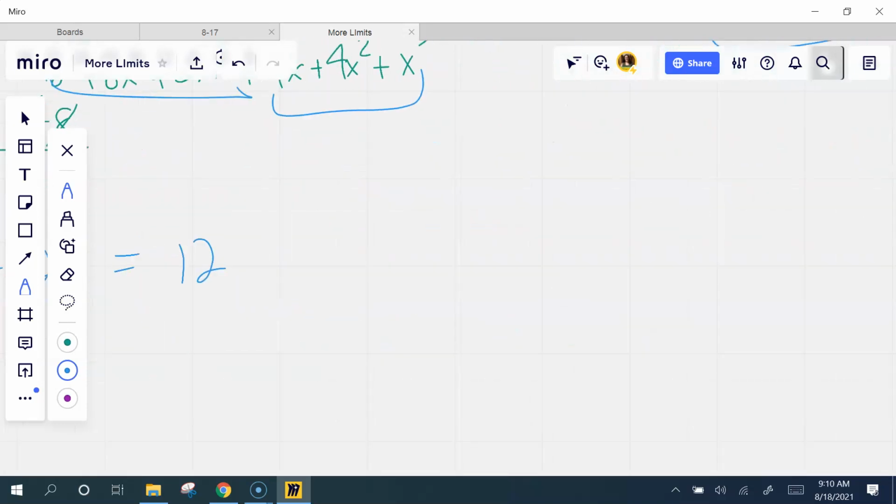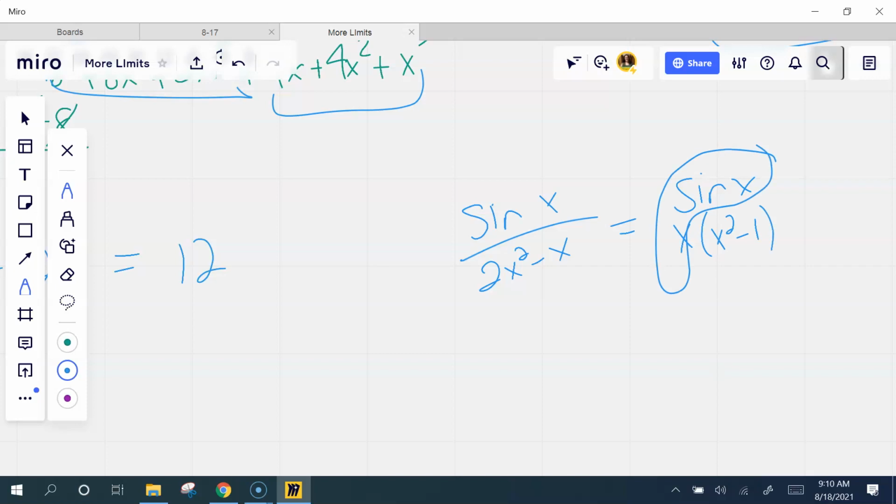So that one, you're going to factor the bottom. You've got sine x over 2x squared minus x. If you take an x out of the bottom there, this is your little friend, sine x over x, right?